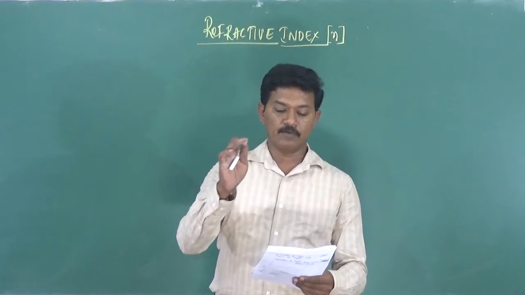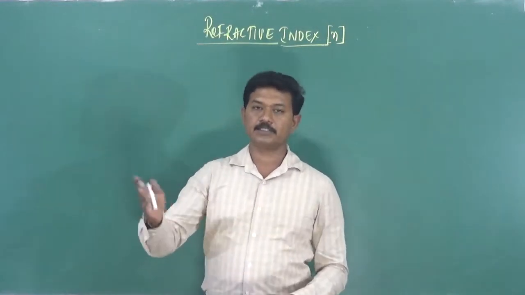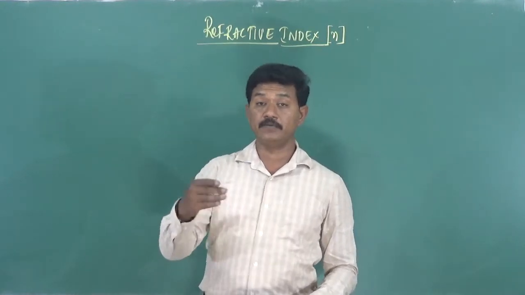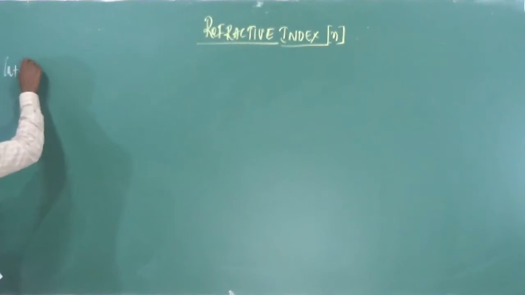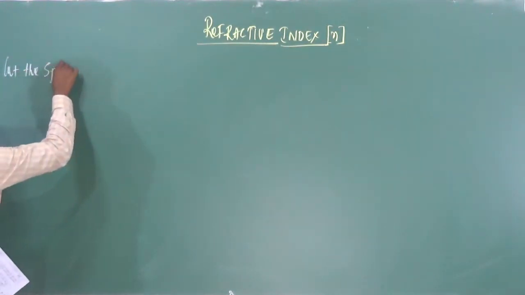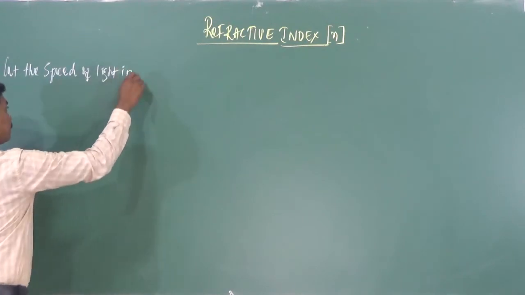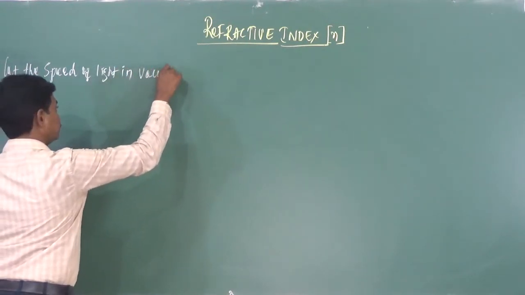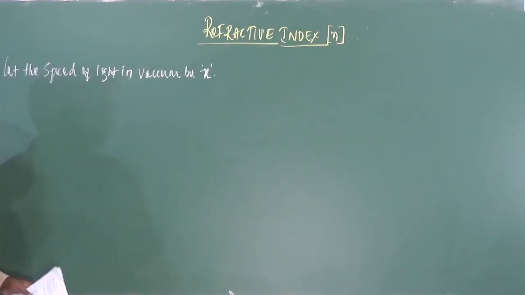Velocity of light in water is 3/4 times the velocity of light in vacuum. So let us guess the speed of light in vacuum. Let the speed of light in vacuum be x.